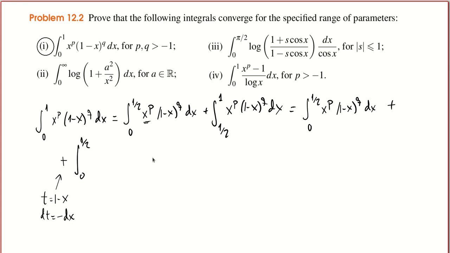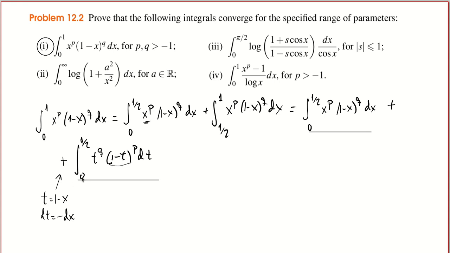And finally, we have that this is t^q, and x is of course 1 minus t, so we have (1 - t)^p dt, which is fine because what we have here is two integrals which are similar, and the only difference is the exponents of the variables, right?